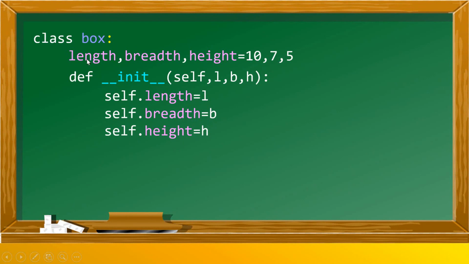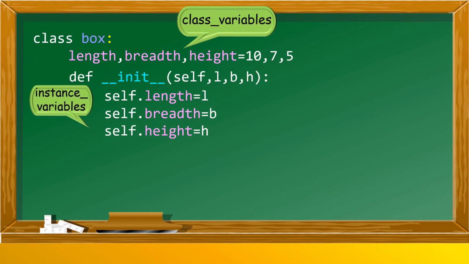The variables length, breadth and height over here are called class variables, and the variables defined within the init method are called instance variables. Since I have created instance variables for length, breadth and height, I am going to remove the class variables from here.